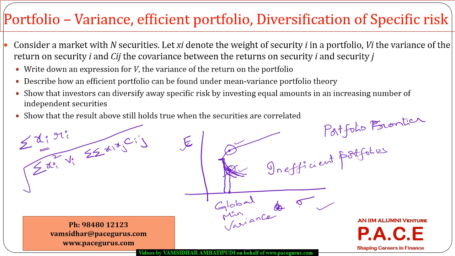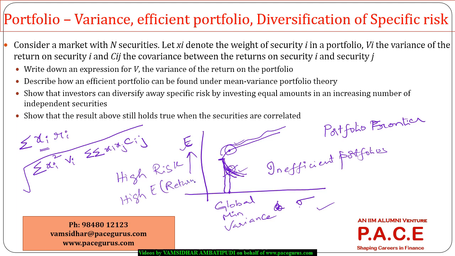The portion of the portfolio frontier above the global minimum variance portfolio is different: as the standard deviation increases, the expected return of that portfolio also increases, which supports the fact that higher risk results in higher expected return.